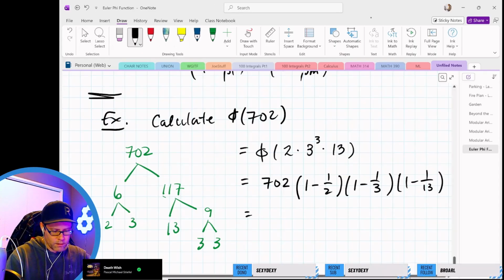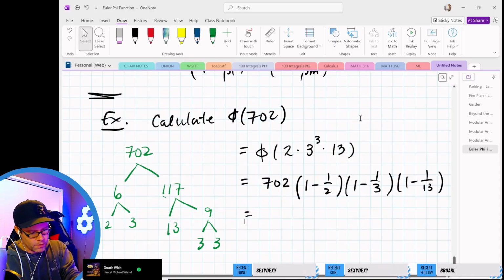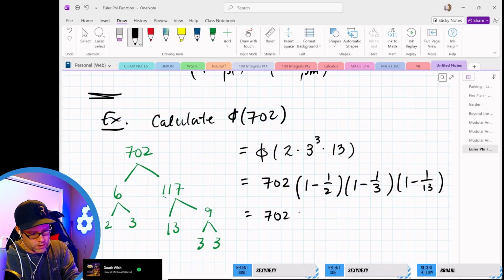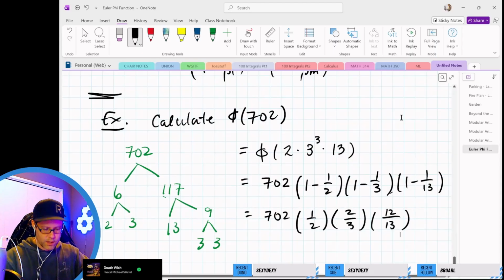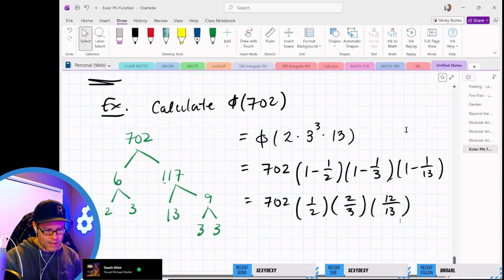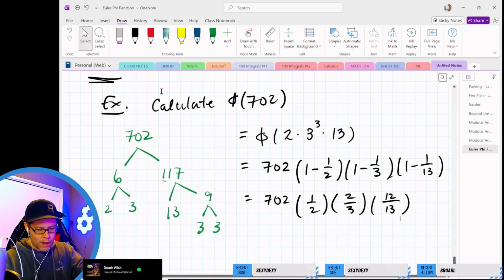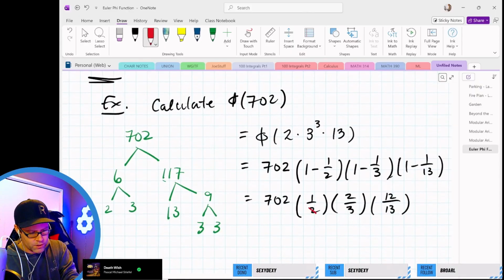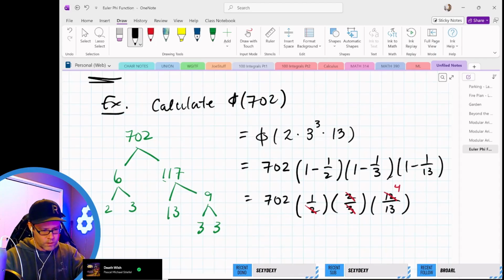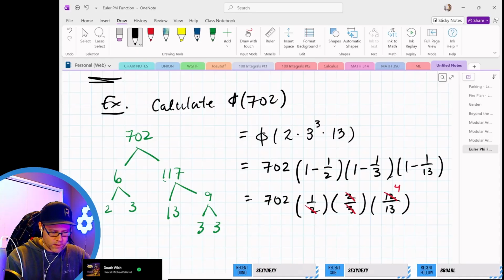And then from here, we can probably reasonably deal with these fractions: 1 minus 1/2 is 1/2, 1 minus 1/3 is 2/3, and then 1 minus 1/13 is 12 over 13. So this just gives us an easier way to input some stuff into our calculator. There is some stuff that's going to cancel here too, so maybe I can do a little bit of work like this. So now I have a way to move forward here.